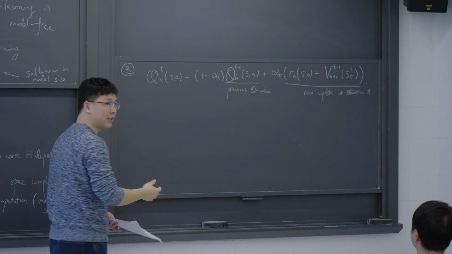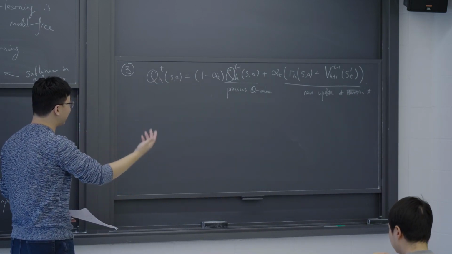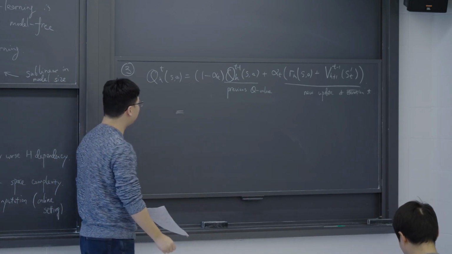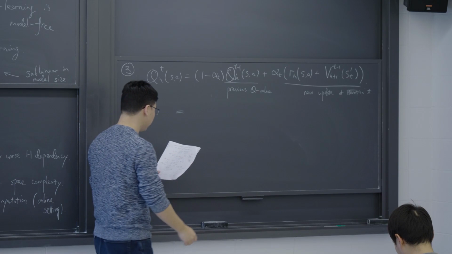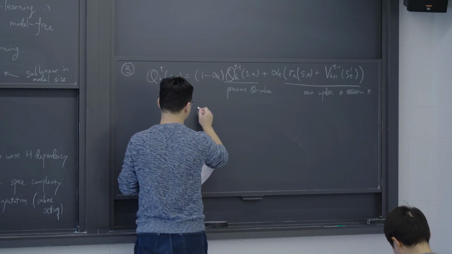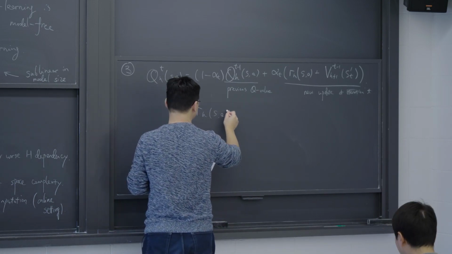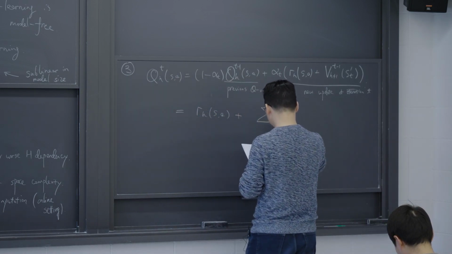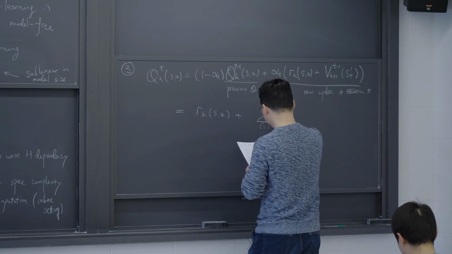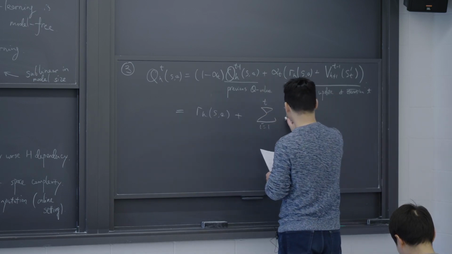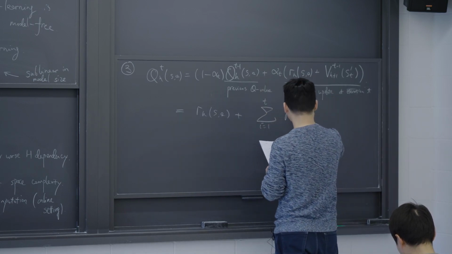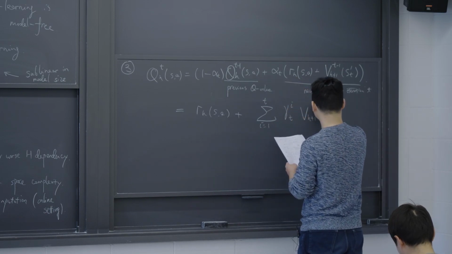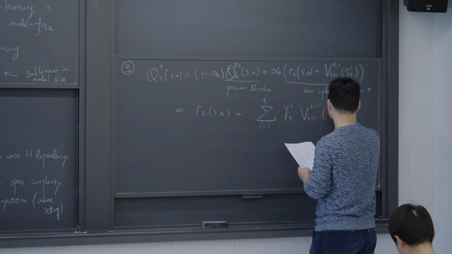So you can recursively expand this Q value out, and equivalently write another form of this Q value, something like this: r_h(s,a) plus summation of i from 1 to t, gamma t i, and V h plus 1, i minus 1, s_i prime.